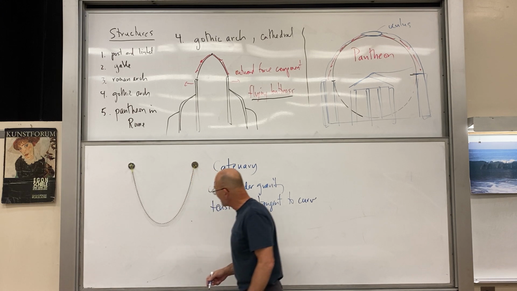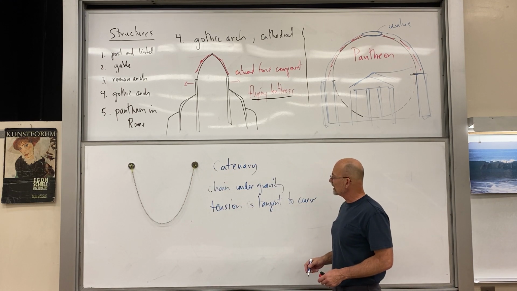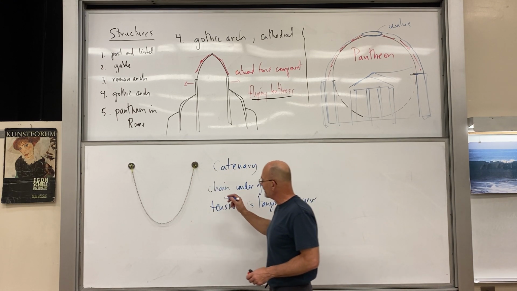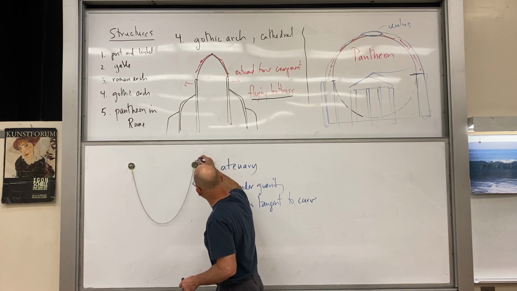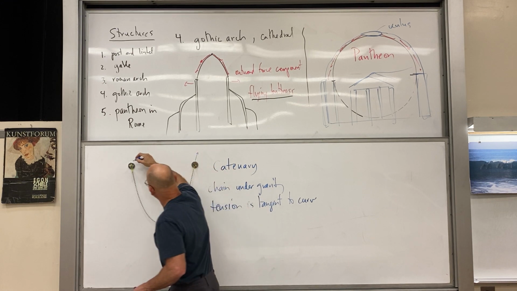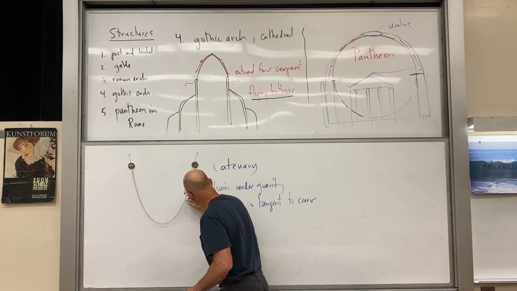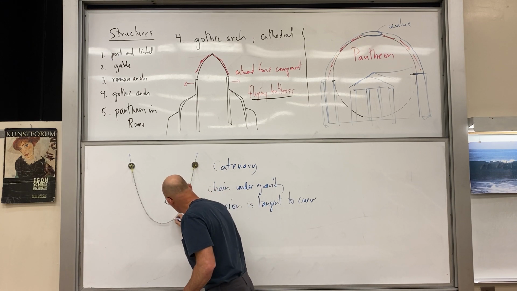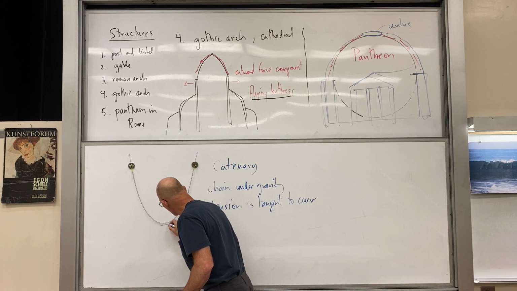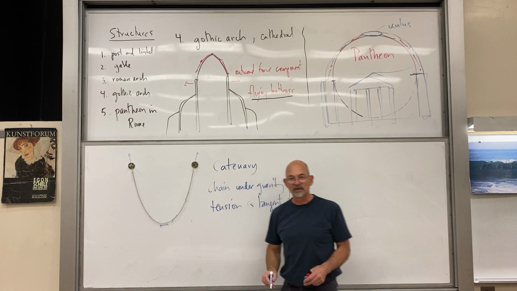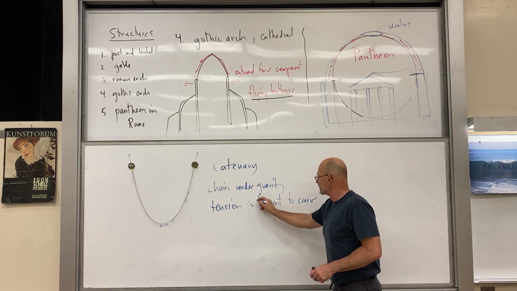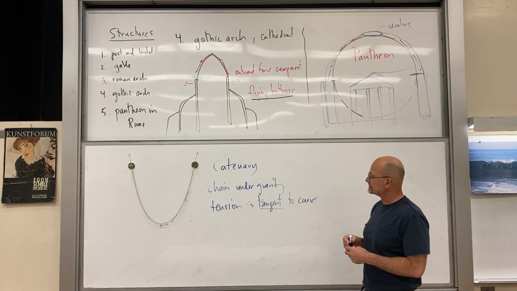Just this natural curve. And when I say tension is tangent, I mean everywhere along this curve. Here at the very top, it's coming in at that angle. Everywhere along it, the tension is tangent. So I have that, and at the very bottom, the tension is horizontal. Okay, tangent to the curve all the way along it.